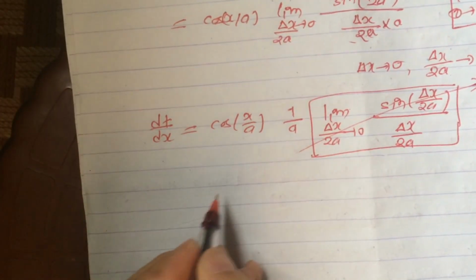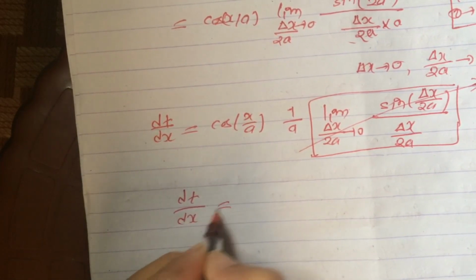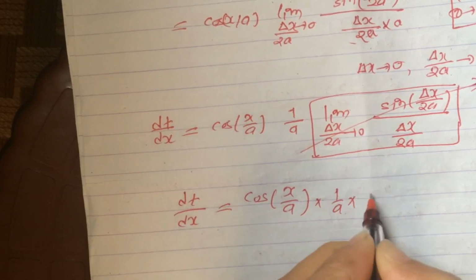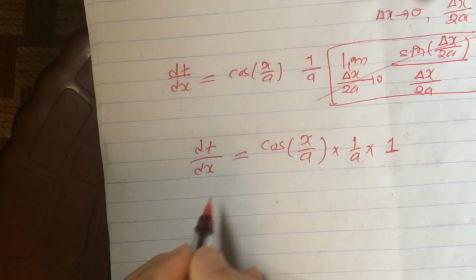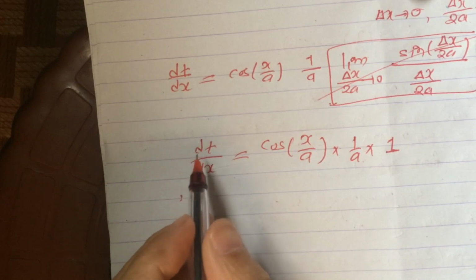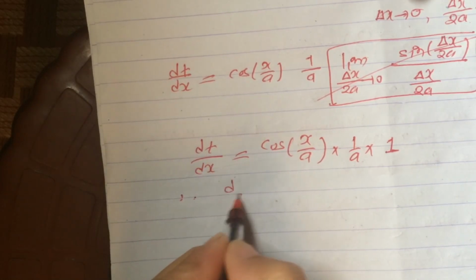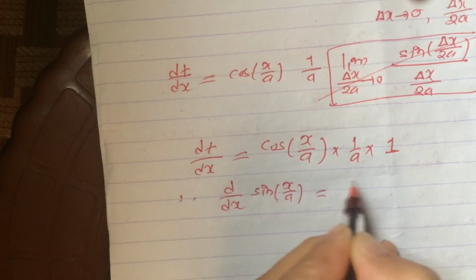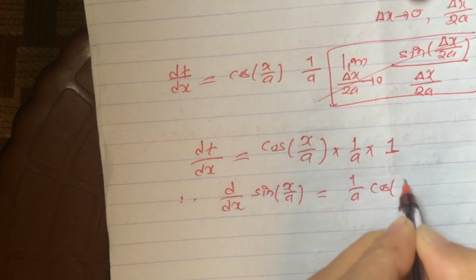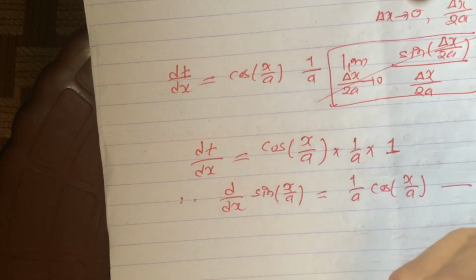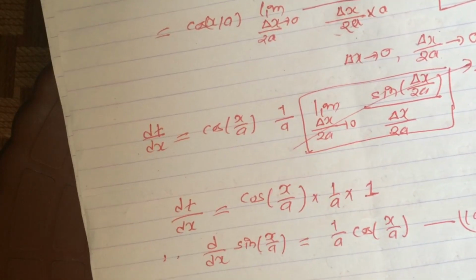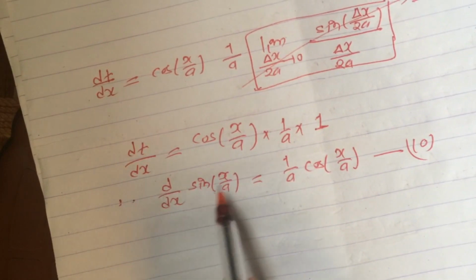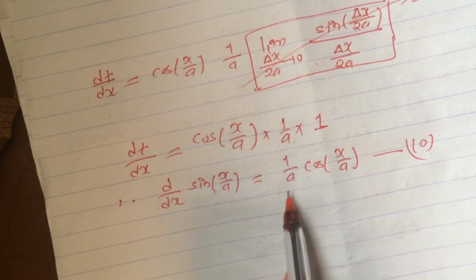Okay, let's write this. dt by dx is equal to cos of x divided by a times 1 by a into 1. Since t is sine of x by a, d by dx of sine of x by a becomes 1 by a cos of x divided by a. Let this be equation 10.